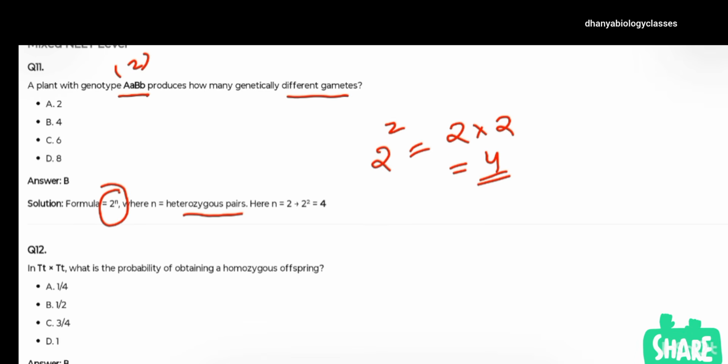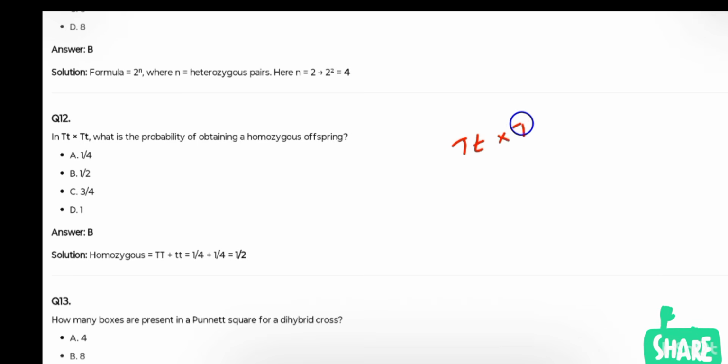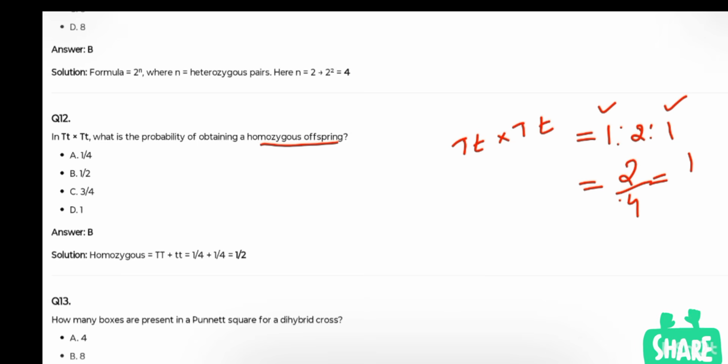So the answer is option B. Capital T small t crossed with capital T small t, the probability of homozygous offspring? This is actually the monohybrid cross, and we already know the genotypic ratio, 1:2:1, right? So this one is homozygous, capital T capital T, and this one is also homozygous, small t small t. So it is 2/4, which means half, that is 50%. Clear? So the probability is 1/2.